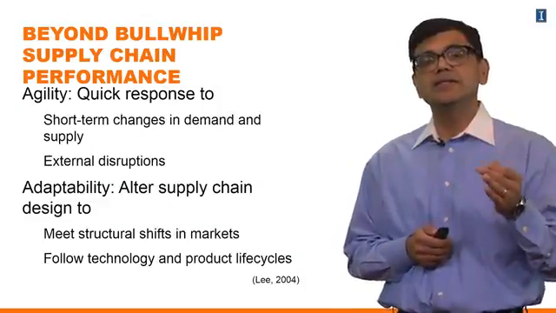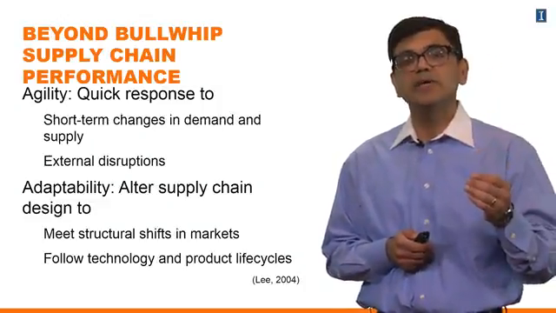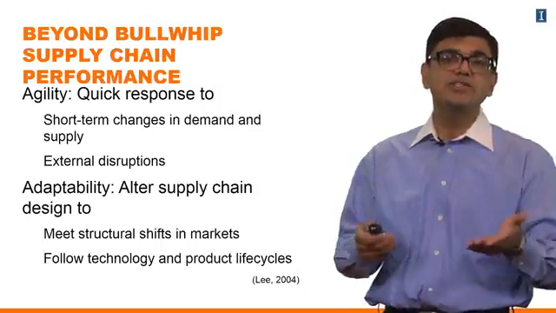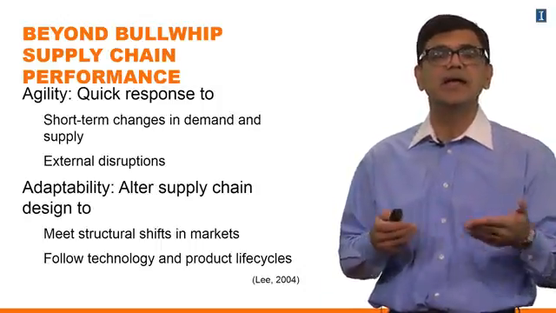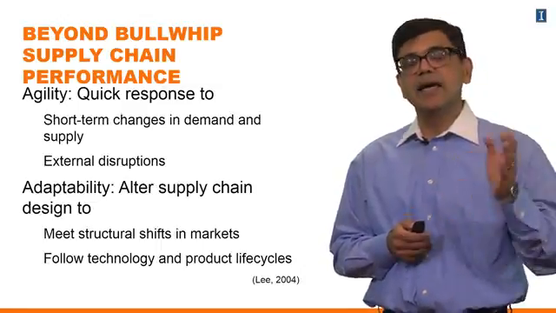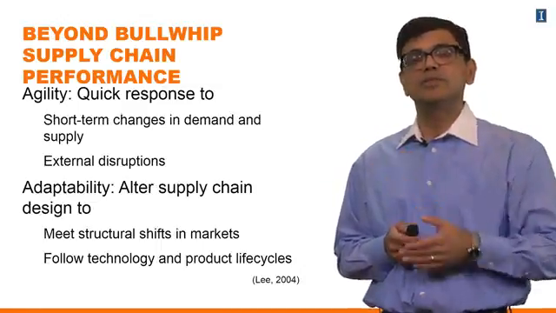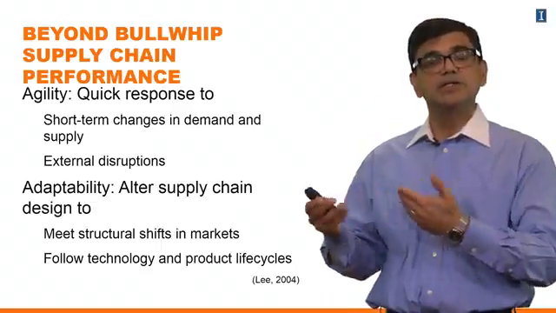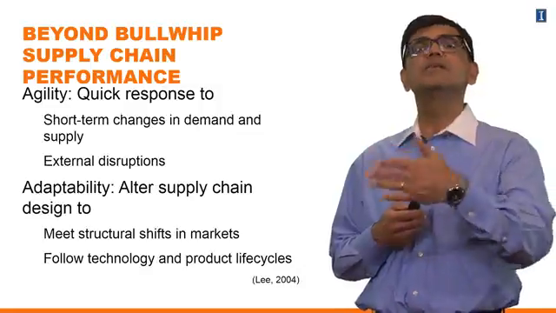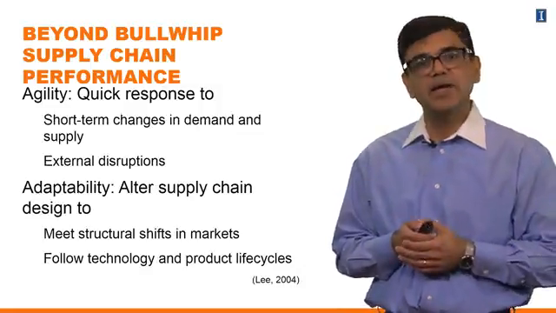And here the simple idea is that agile means being able to flex depending on how demand changes. So day-to-day changes, weekly changes in demand, and how a supply chain is able to flex to that. And adaptability means more in terms of the long term. Talking to suppliers in terms of new product development, talking to suppliers in terms of what is coming in terms of anticipated demand.